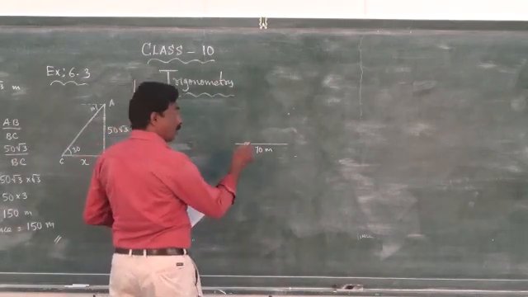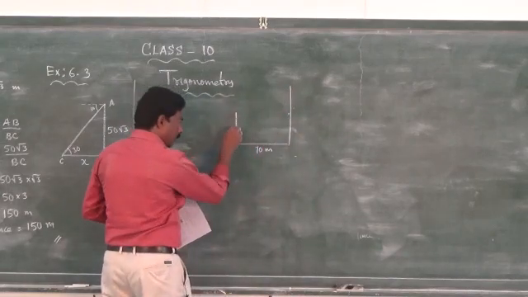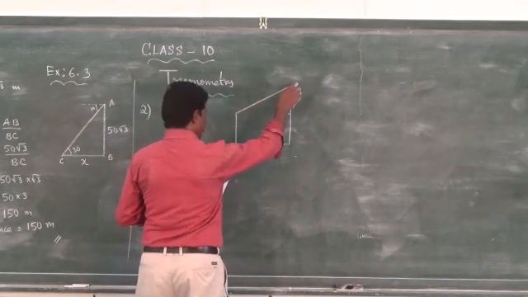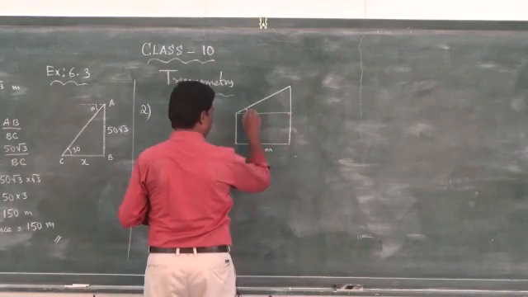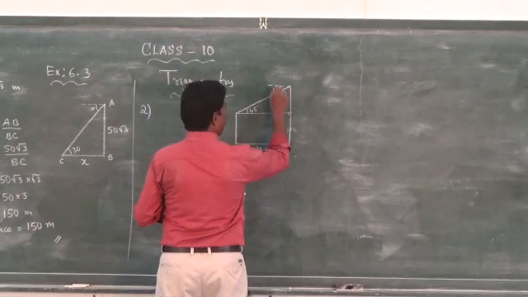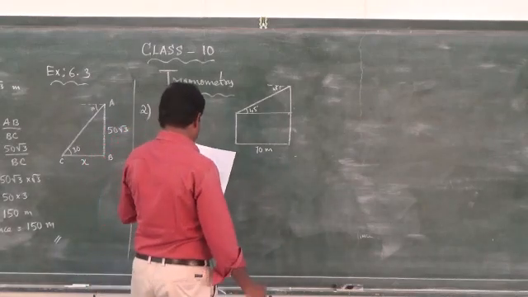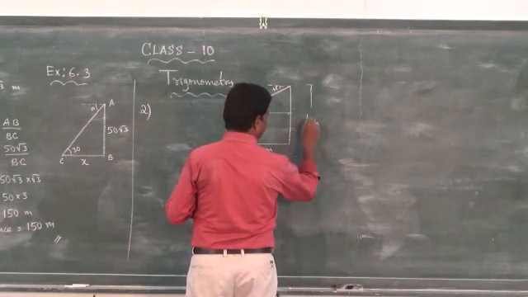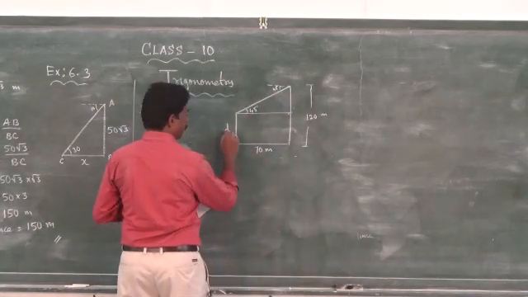So the second building is taller than the first building. From the top of the second building, we are looking at the top of the first building. So the angle of depression of the top of the first building seen from the second building is 45 degree. The whole height of the second building is given as 120 meter. You have to find the height of the first building. This height you have to find.